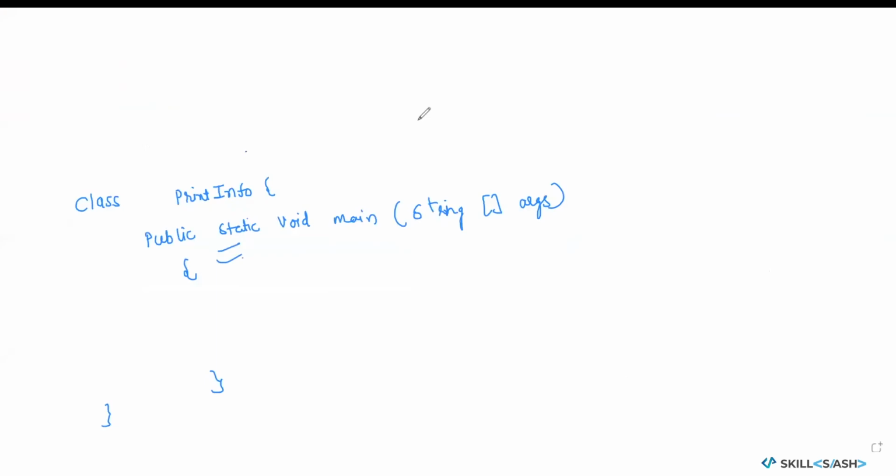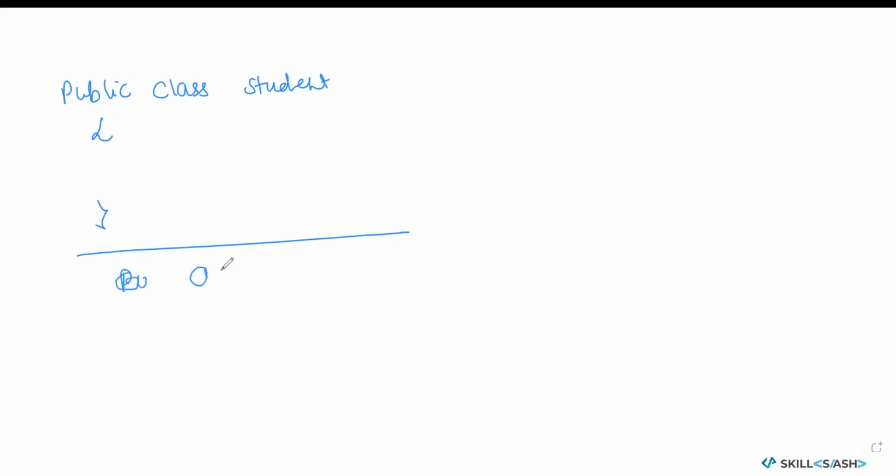Okay. So first thing first, in a simplistic way, let's understand how a class can be created. Let's say a class student, and as we have created it as a public class, the object of this can be created from a different class, which is our main class. Let's say not public, but class main.